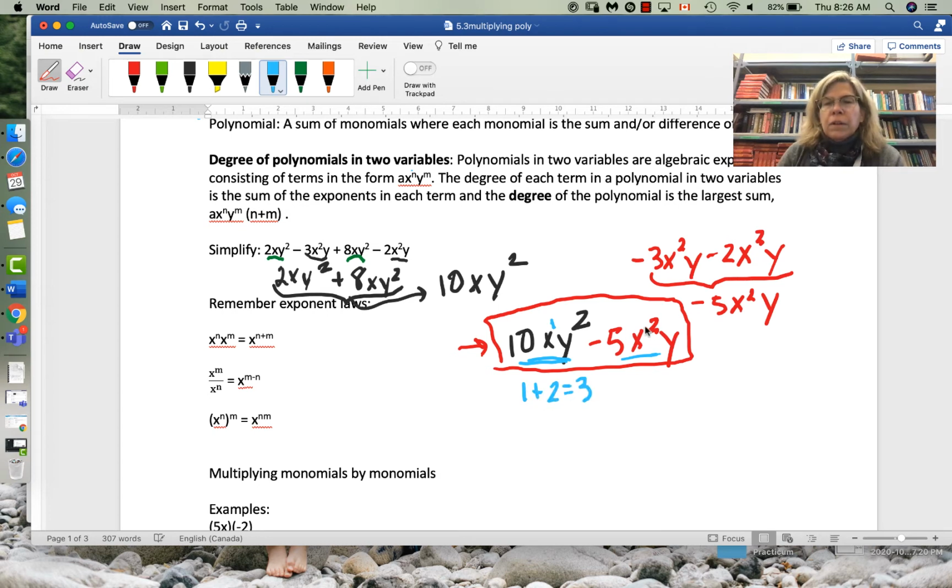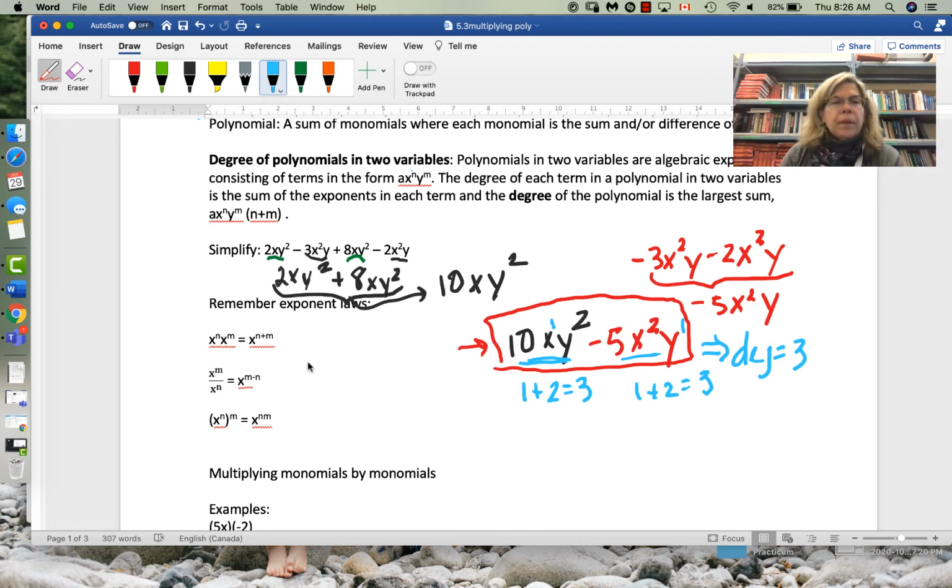And the degree of this term was x squared y to the first, so again it's 1 plus 2 equals 3. So the degree of this polynomial, because these two are equal, it doesn't matter, equals 3. Okay, we will do more. But that just gets you started thinking about why yesterday I was adding the exponents, and what that really means. When you have two variables, you have to add the exponents to figure out the degree.